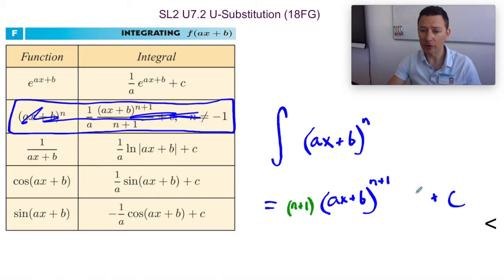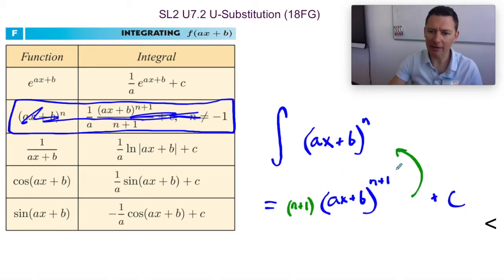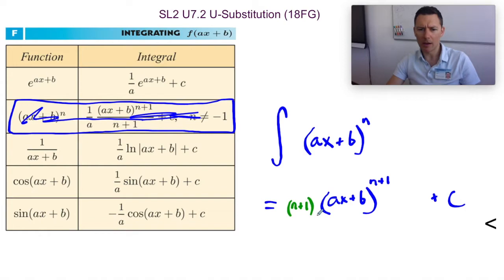Because if we were differentiating this going from here back to here, you multiply this in front and then decrease this exponent by 1. Okay, fine. And also I know that because of the chain rule, we'd multiply by the derivative of the inside, which is just a. Right? So I think if we differentiated this as it is, we'd have this n plus 1 and a term.